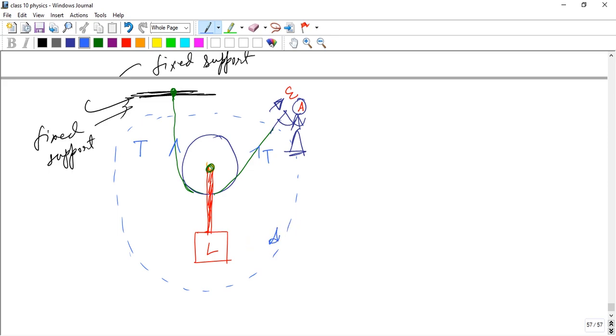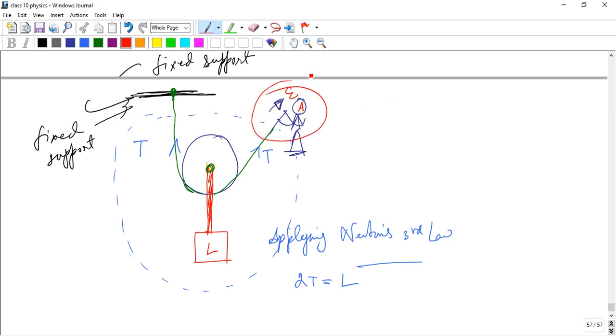applying Newton's third law, 2T is equal to the load. And you apply Newton's third law at the effort also, in the same direction as the tension, so the effort is equal to the tension.